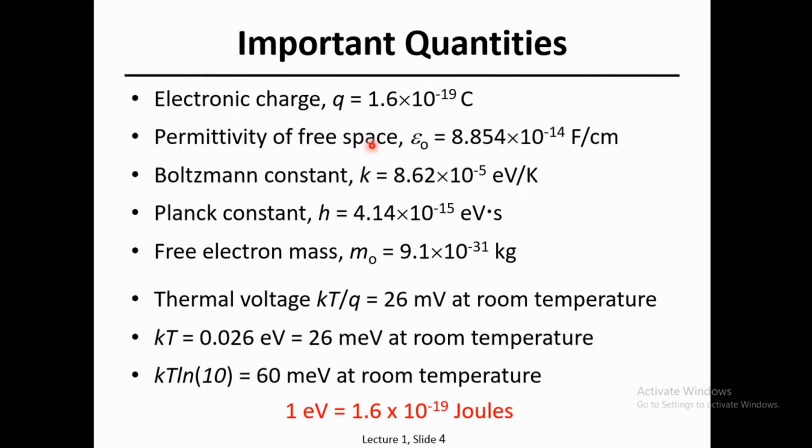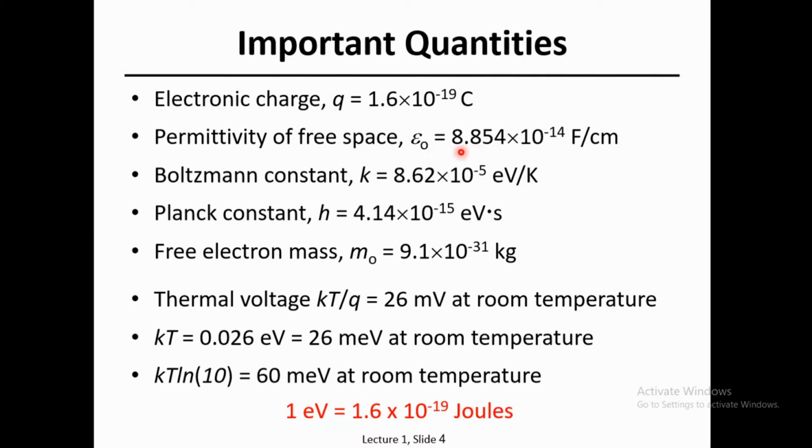The permittivity of free space. This parameter will be very important, and we'll always look at it with respect to free space, since it's constant in free space, but inside the material it depends on each material. So the permittivity of silicon will be different from the permittivity of germanium, and so on.